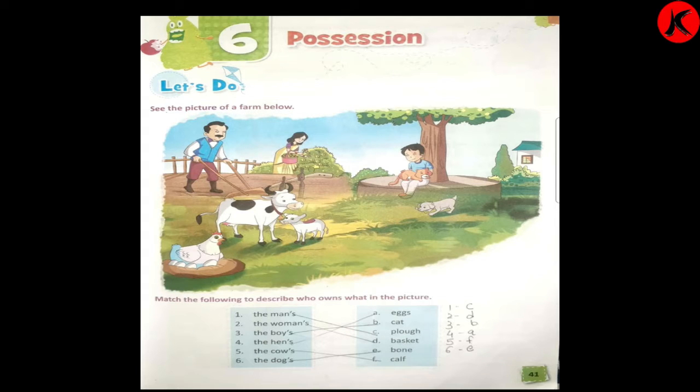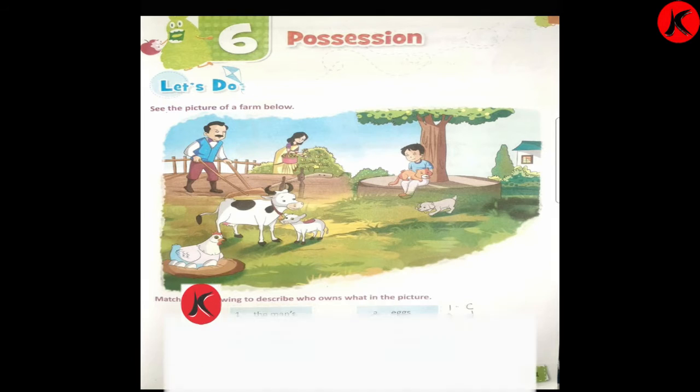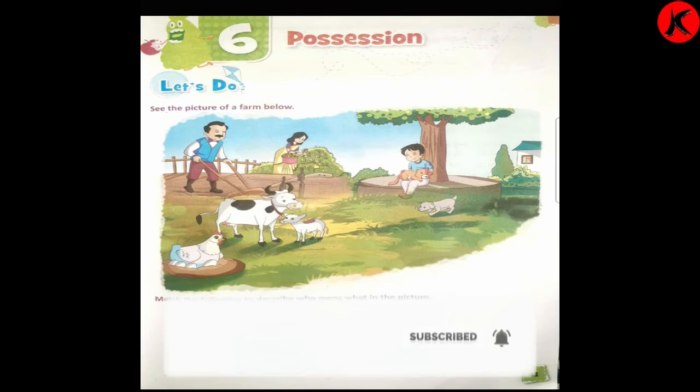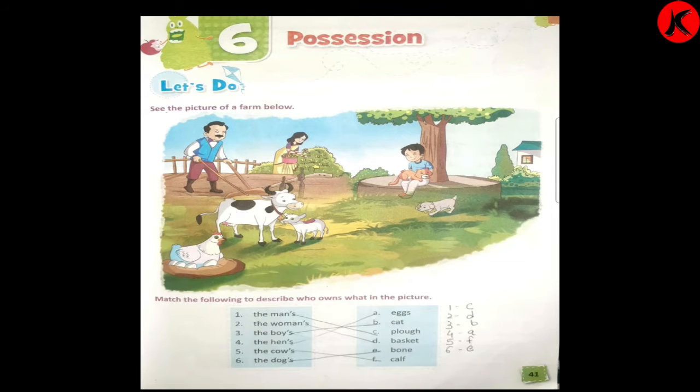Now, what we have to do, look here. See the picture of a farm below. Over here, it says we have to look at the picture of the farm which is given below. Now, you can see a man. What is he doing? The man is plowing, right?